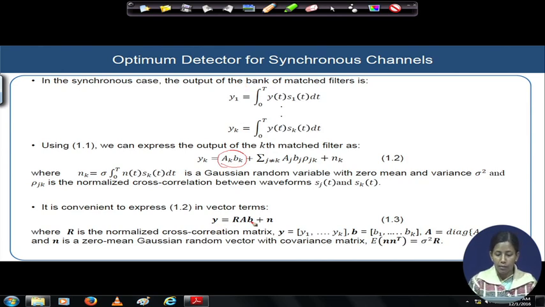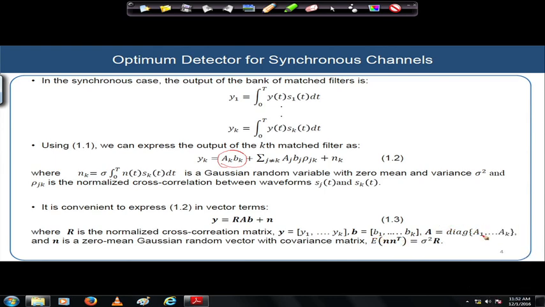Correspondingly, b is the combination of b1 to bK. Capital A is the diagonal matrix from A1 to AK. Associated with each transmitted symbol you have a corresponding received amplitude, varying from A1 to AK.